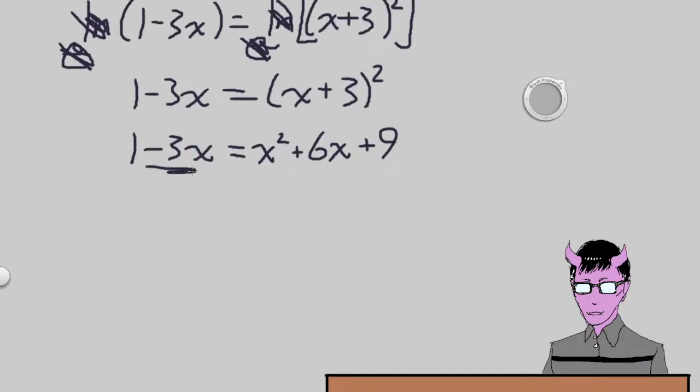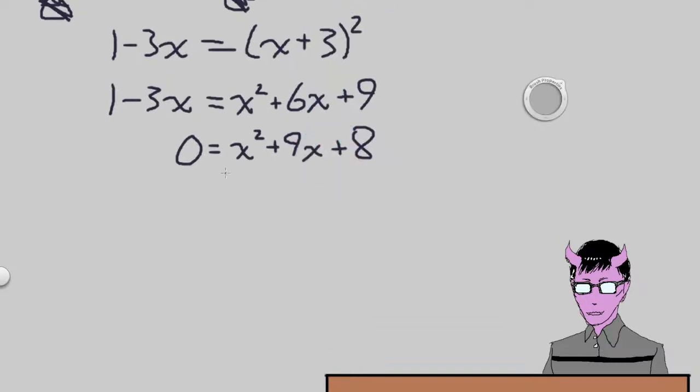Alright, we're going to basically add this to both sides, and we're going to subtract 1 from both sides. So therefore, 0 is equal to x squared plus 9x, what is that? Plus 8? Yeah, plus 8. Okay. And of course, this is a quadratic. Is it factorizable? Yes.